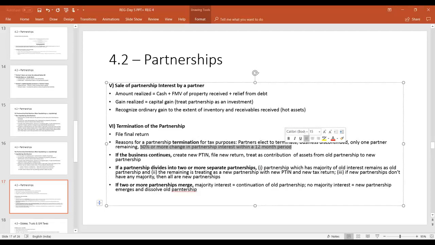So guys, this kind of completes our partnership part. And I want to know if you have any questions. We'll do the questions at the back of the book. While doing that, we can also address any doubts that you may have.